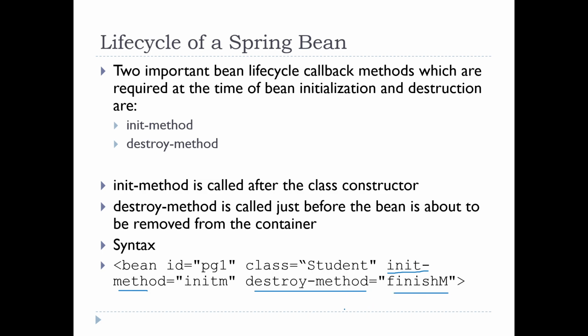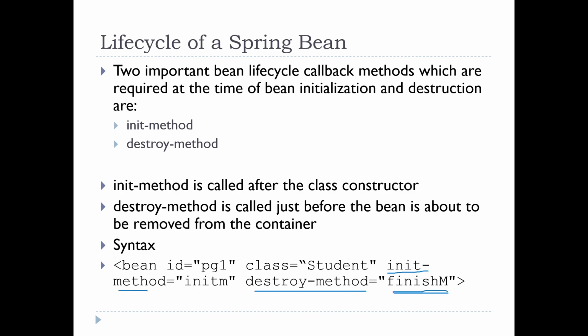So whatever code we want to be executed during initialization, for example, establishing some connection with the database or opening of some files, all of that initialization can be done in the init method. And to release those resources, like if we want to close the connection or if we had occupied a result set, then we want to close the result set, or closing some files that we had used for reading and writing. So all such code can be written in the destroy method.